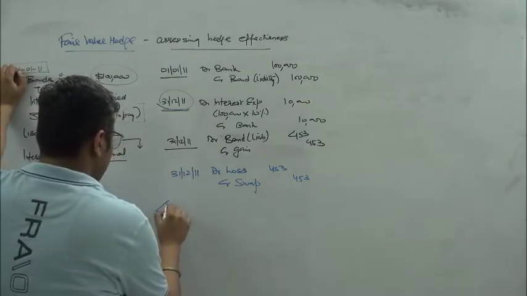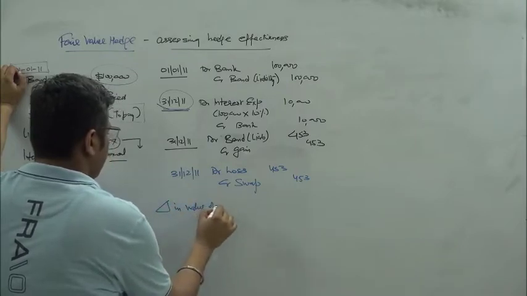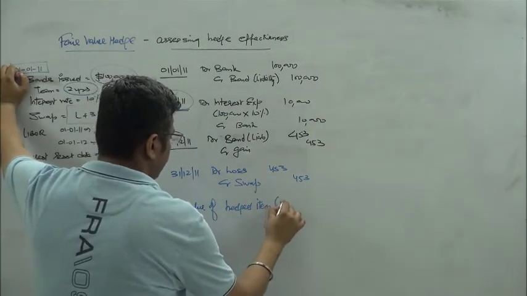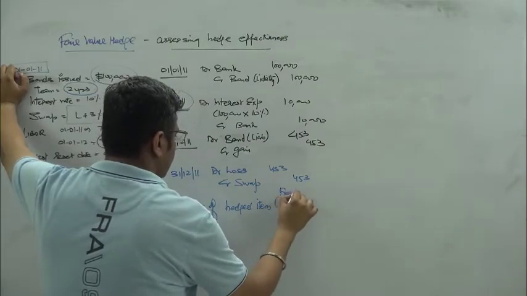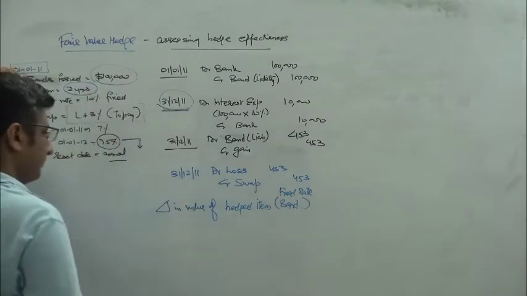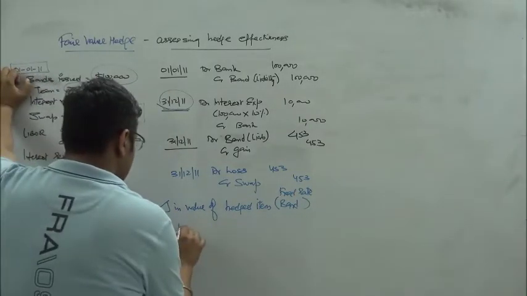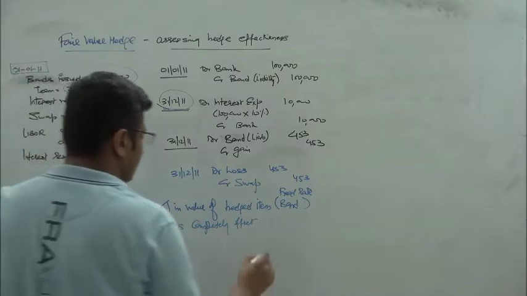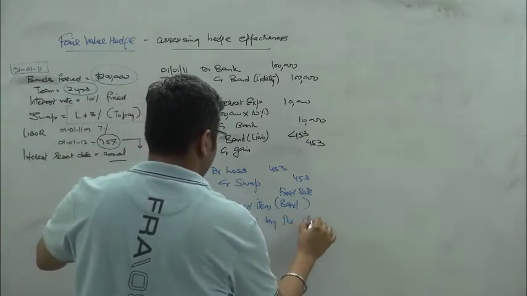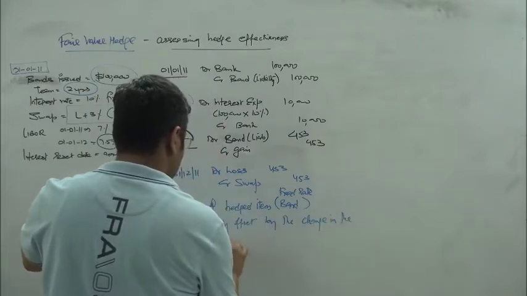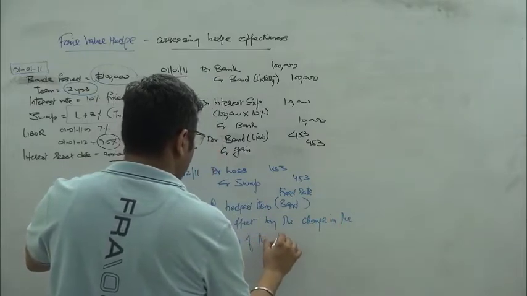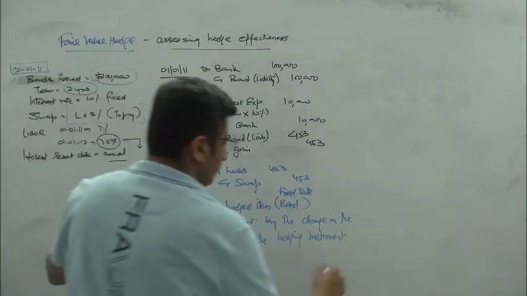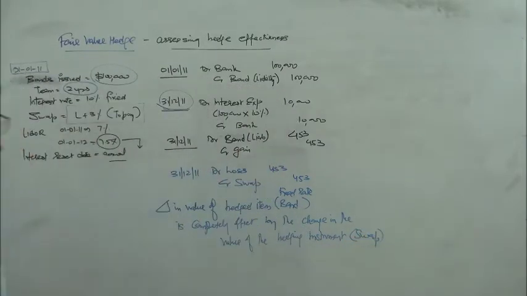I see that the change in the value of the hedged item, which is my fixed rate bond, is completely offset by the change in the value of the hedging instrument, which is of course my swap here.